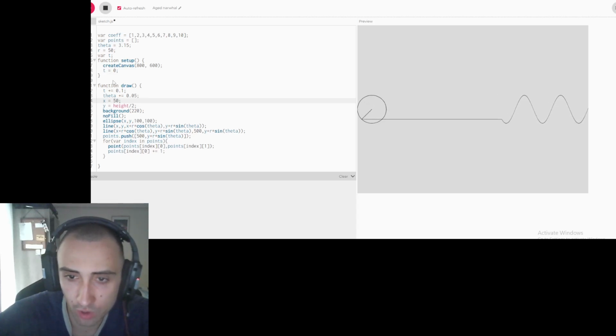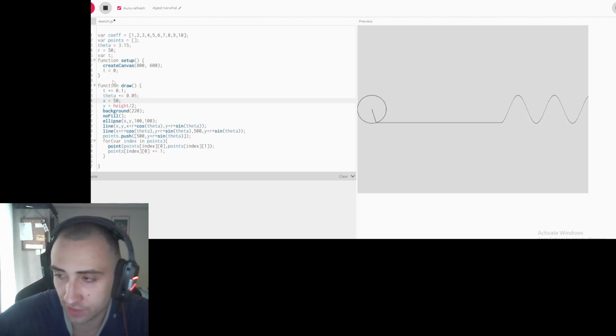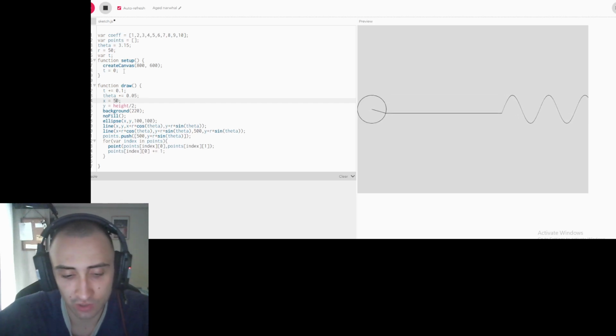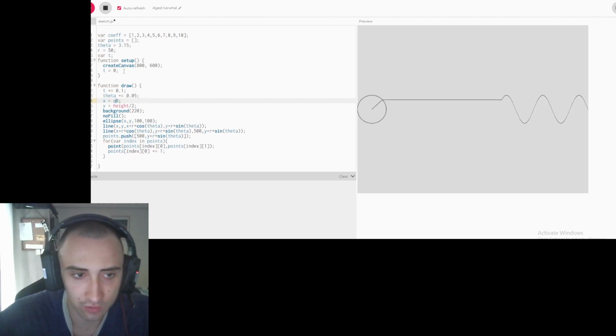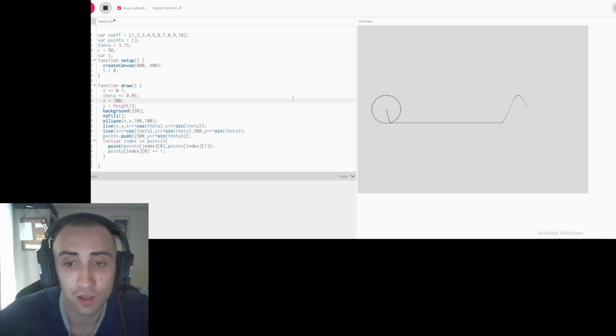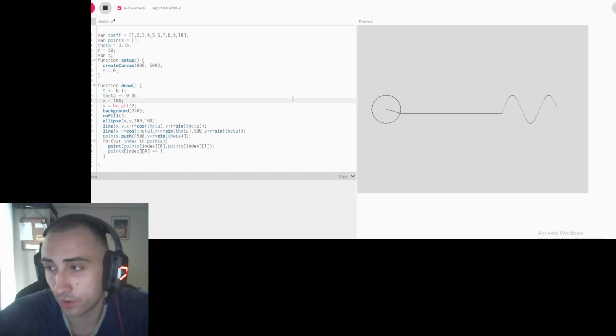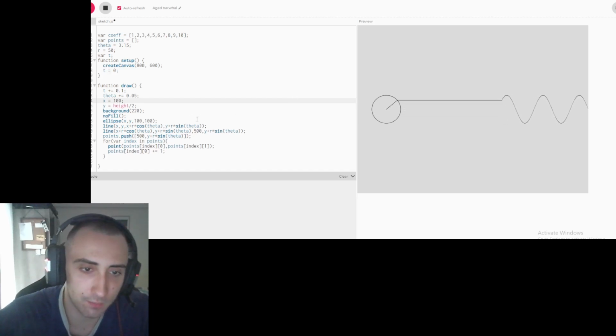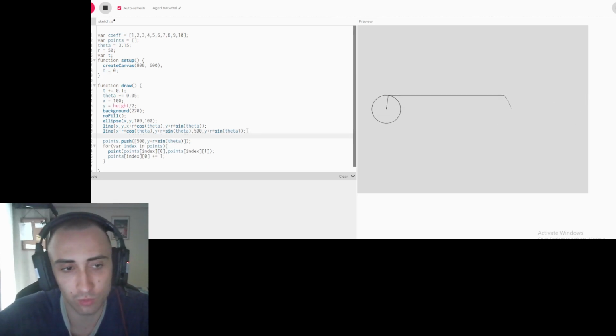We need to draw more circles on top of this circle. Let's actually put this at 100. No, not 1000, 100, yeah. And now we need to draw a circle with its middle being the new x. So let me do that once.